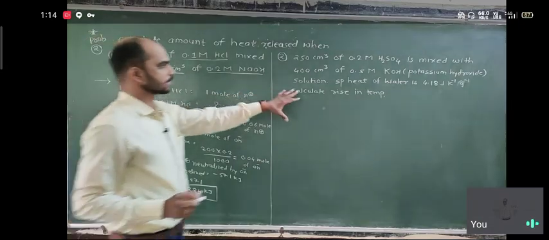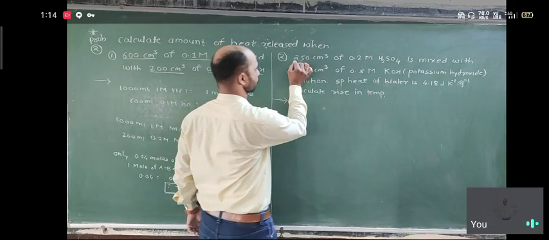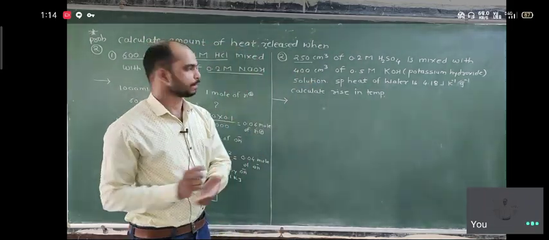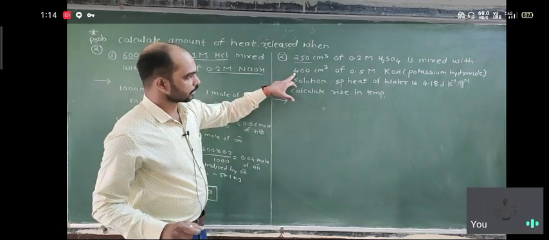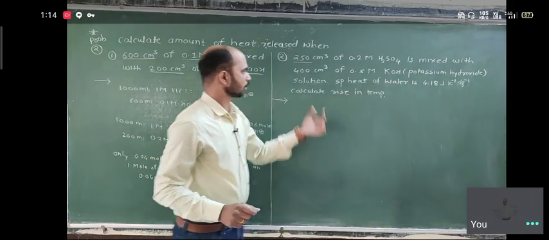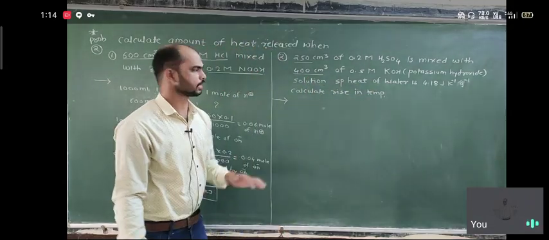Come to the second condition. Here the volume of H2SO4 is 250 cubic centimeter, equal to 250 ml. Instead of NaOH, another base is given, KOH, with a volume of 400 cubic centimeter, that means 400 ml.